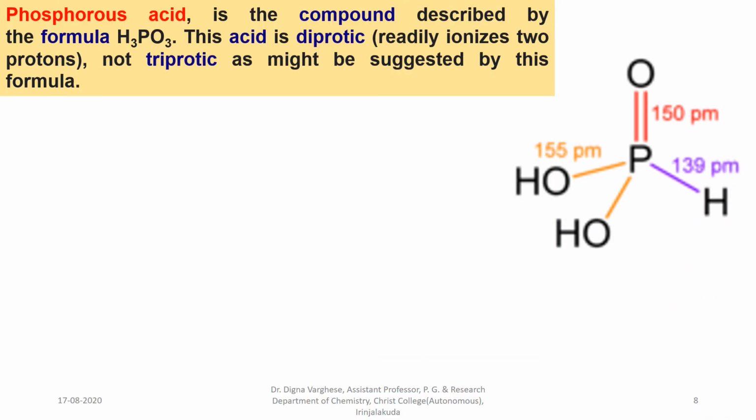Phosphorous acid, also known as phosphonic acid, has the molecular formula H3PO3, in which the phosphorus atom is in the +3 oxidation state. H3PO3 contains one non-ionizable hydrogen atom. The other 2 hydrogens are ionizable, so it acts as a dibasic acid with basicity 2.